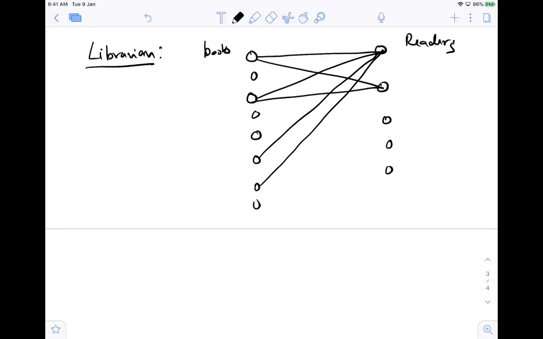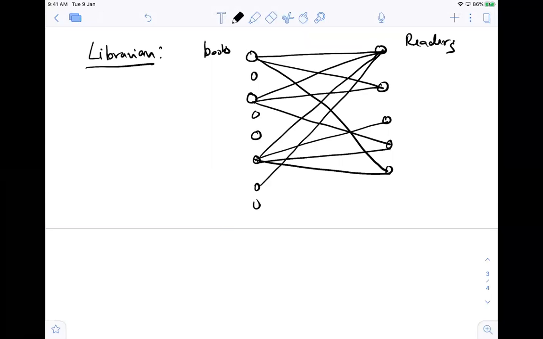Reader 3 says that I want this book. Reader 4 says that I want this book and this book. And reader 5 says that I want just this book or this book.